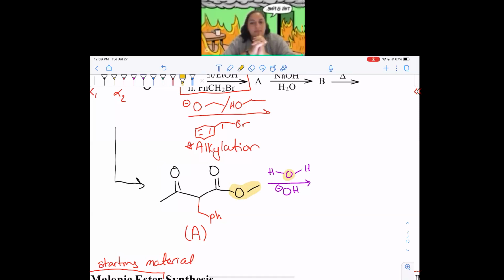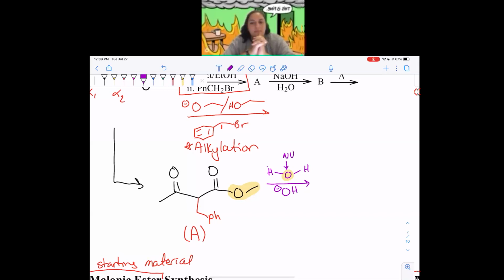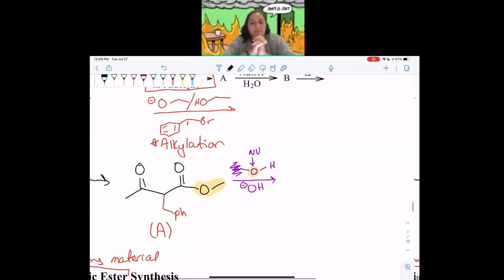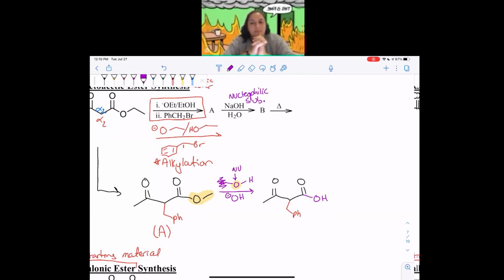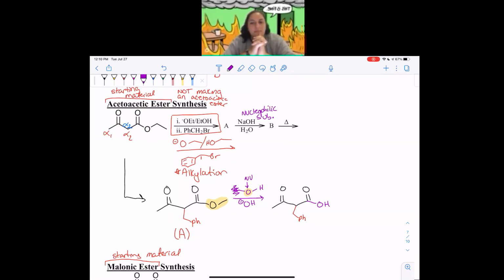We label the nucleophile, and we get rid of a hydrogen. And we end up with this. And now instead of an ester, we have created a carboxylic acid. Any questions on how I got to this point so far?